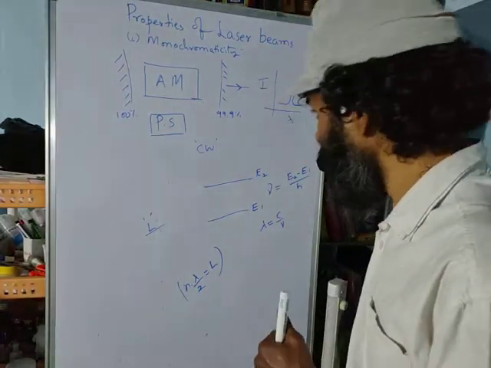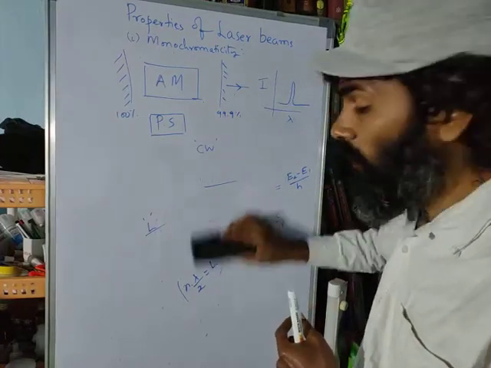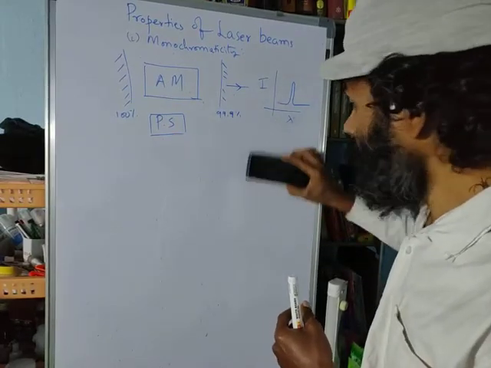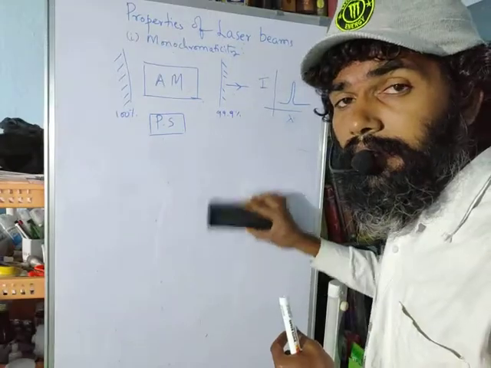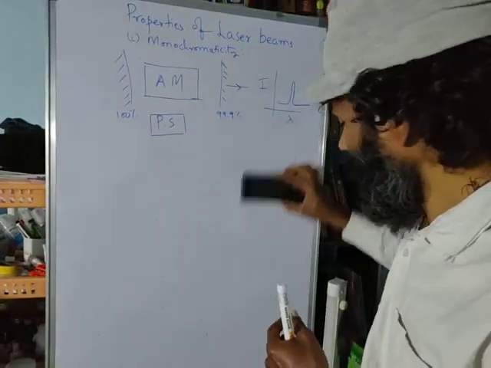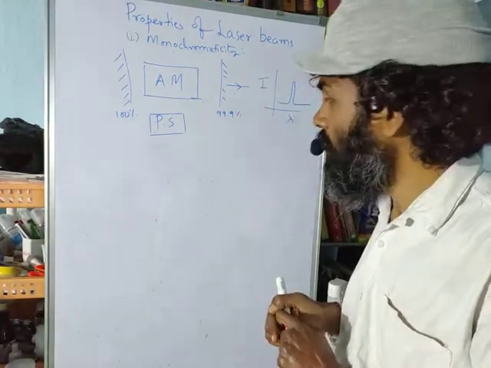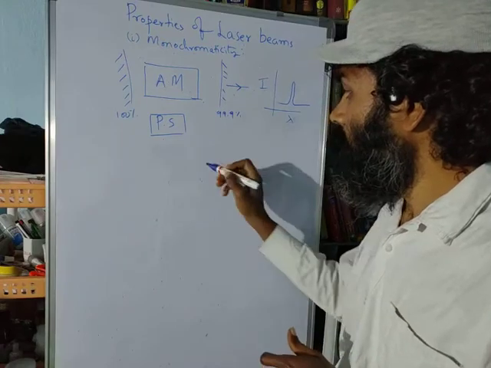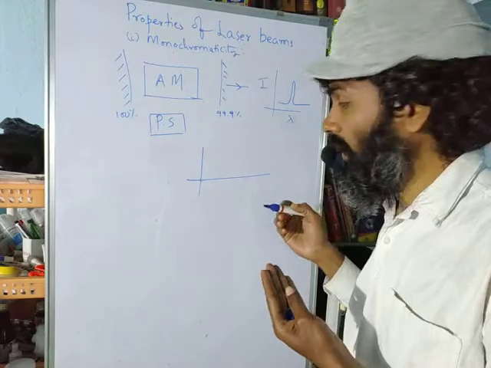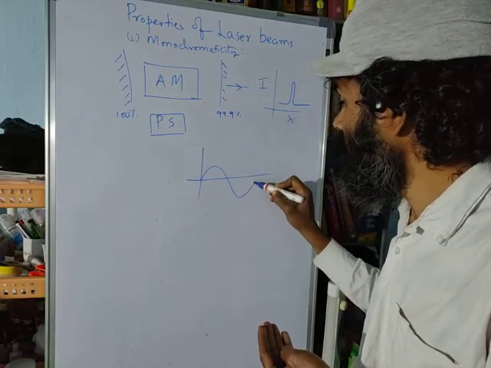Let me go into the second property of the laser beams, that's coherence. We know that light is a transverse electromagnetic wave, and if you draw the electric field of a light wave as a function of either time or space, we can designate that as a sine wave like this.